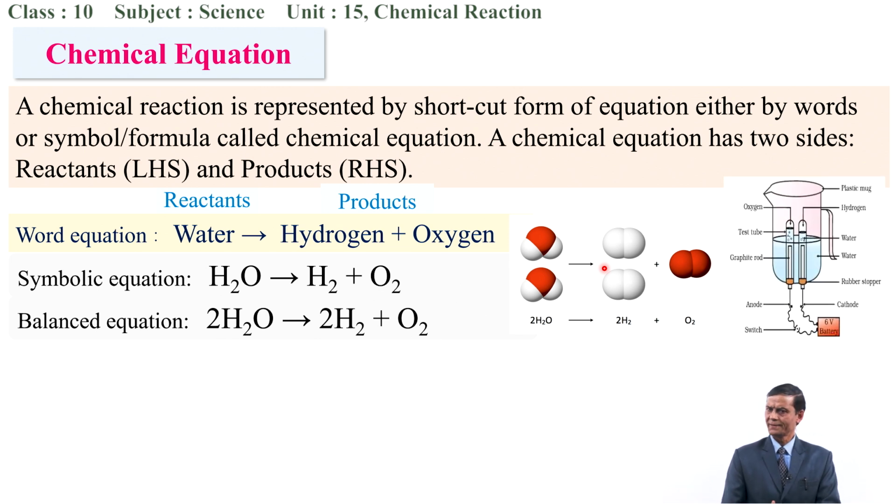Look at here. What is the process shown here? Yes, same process of decomposition of water into hydrogen and oxygen. This process is called electrolysis because electricity is supplied here. Here is anode and cathode. There is water containing few drops acidified solution, and when current is supplied, then this water can be decomposed into hydrogen and oxygen, which is electrolysis process.